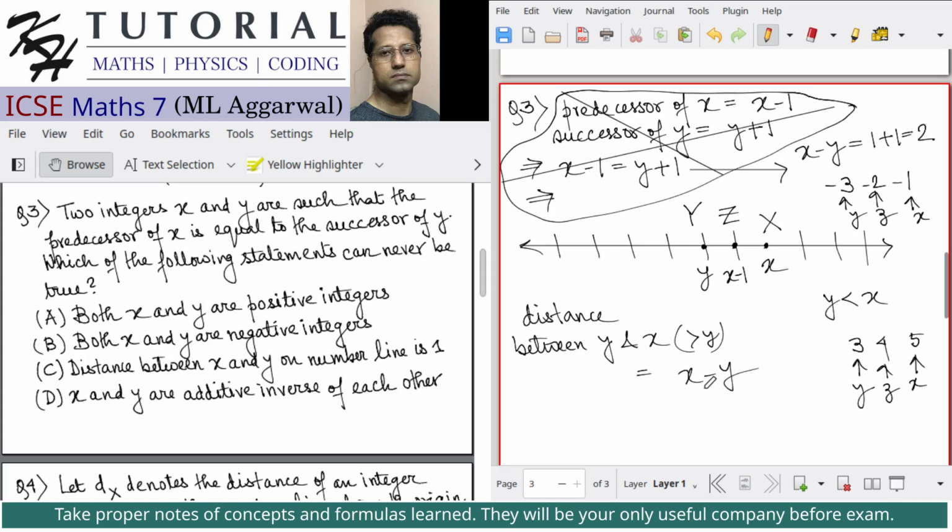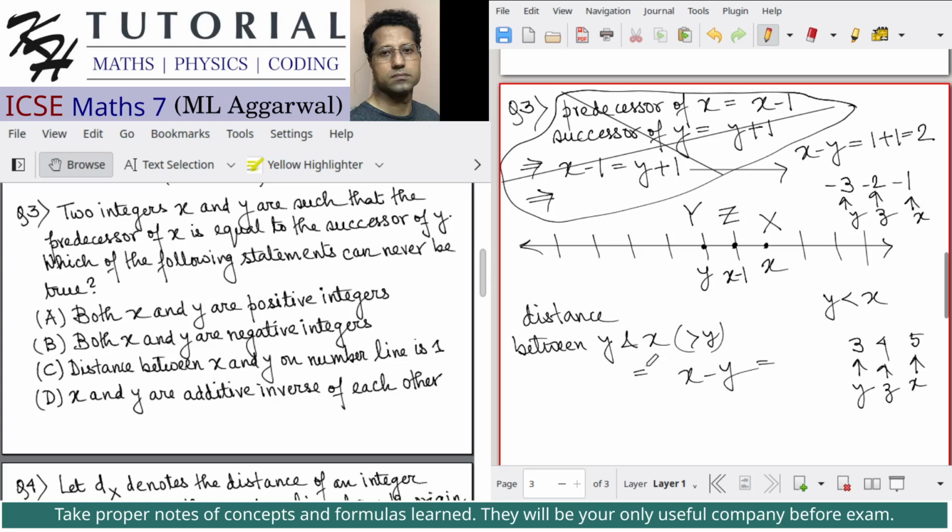So whatever the values of x and y are, we know that y is less than x and there is only one integer between y and x. This implies that x minus y will always be equal to 2.